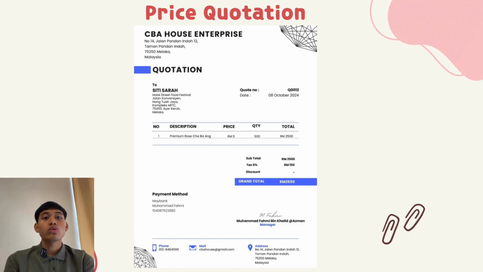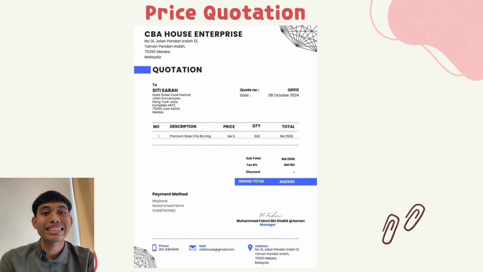After that we calculate the SST at 6%, and the total for SST is 150 ringgit. So we add it to the subtotal, and we get the grand total of RM 2,650 in all. So that was our price quotation.